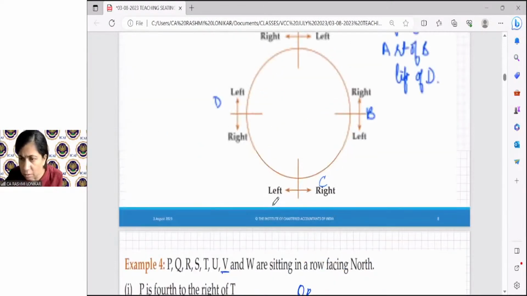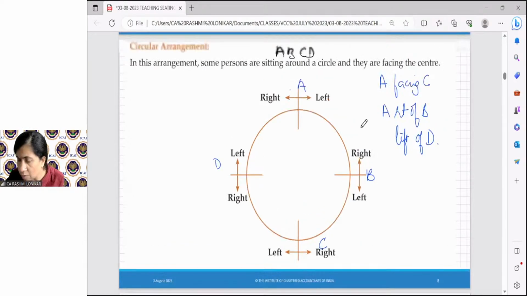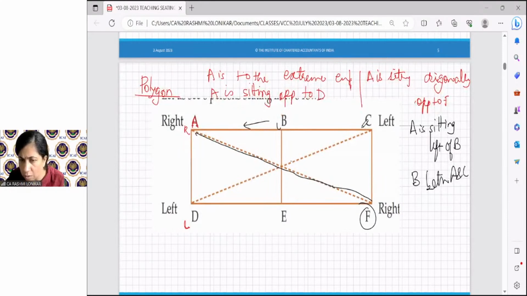No, A sitting right of B, I've written, okay? A sitting to the right of B.